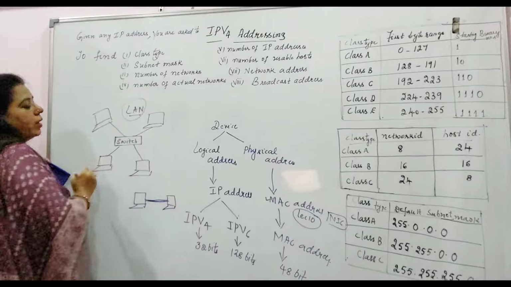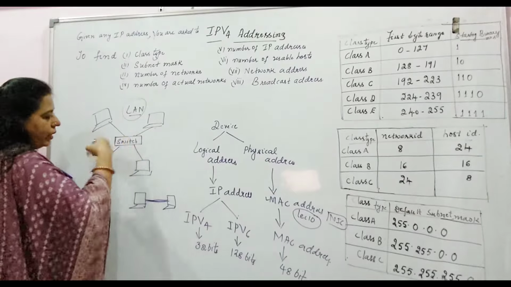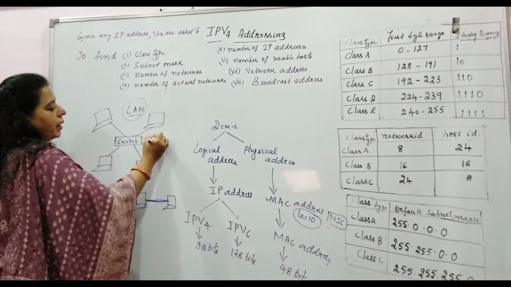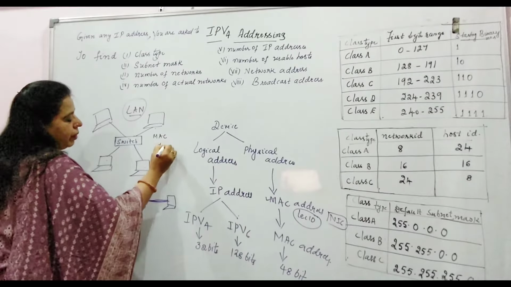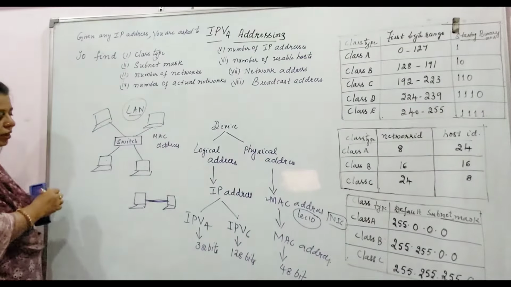This is called the local area network. Now if this PC wants to communicate with this one, or any PC with any other PC, MAC address is sufficient. MAC address is sufficient for these PCs to communicate with each other.